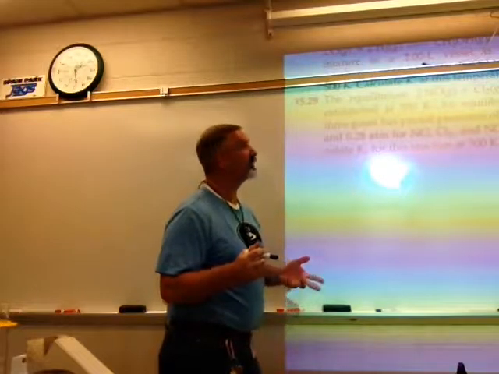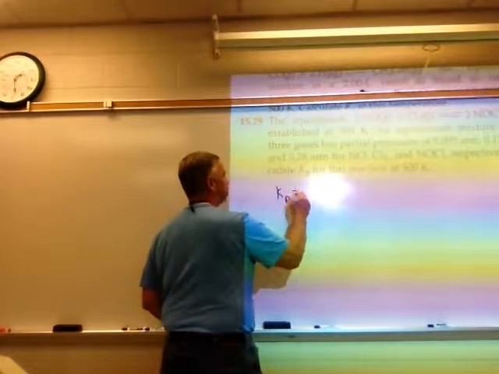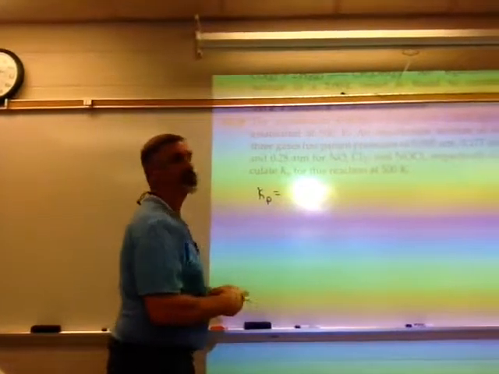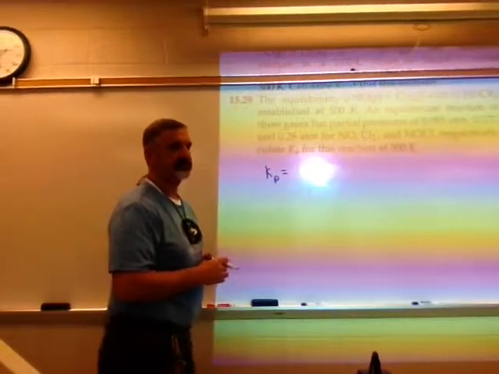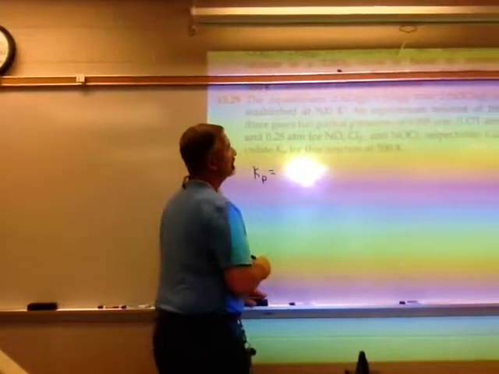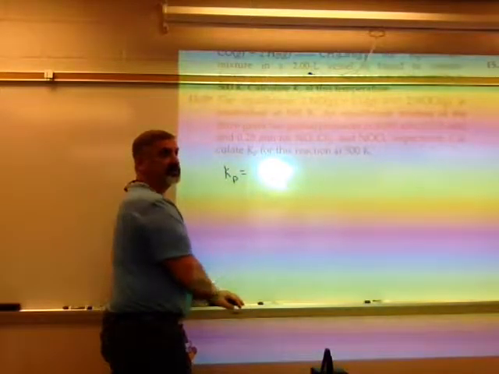Okay? So first off, what's the equilibrium expression Kp going to equal? What's just the general expression for this? It's what over what? Products over reactants, right? So it's going to be what?